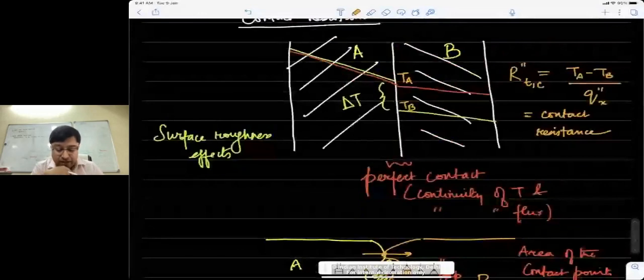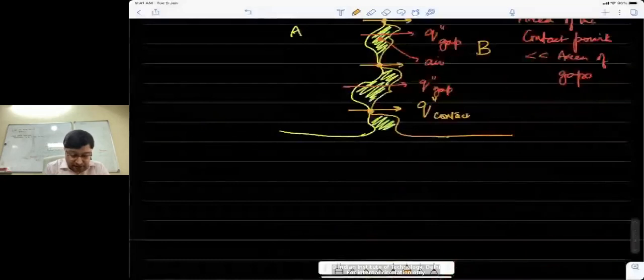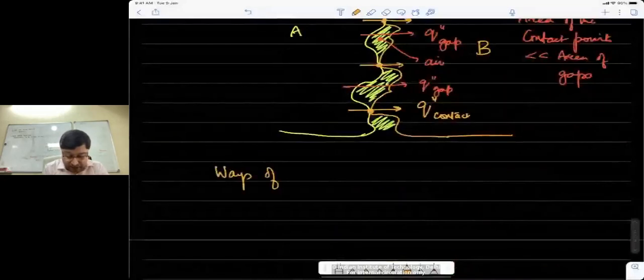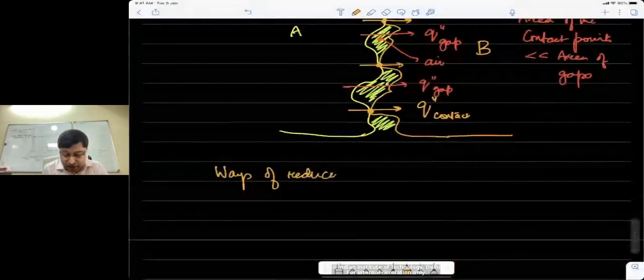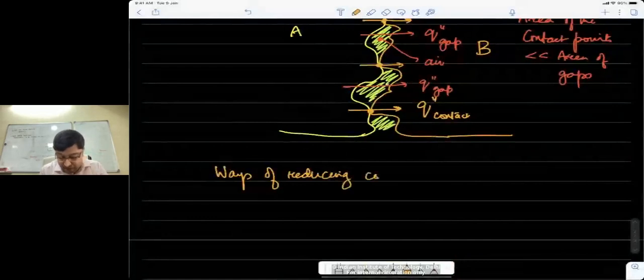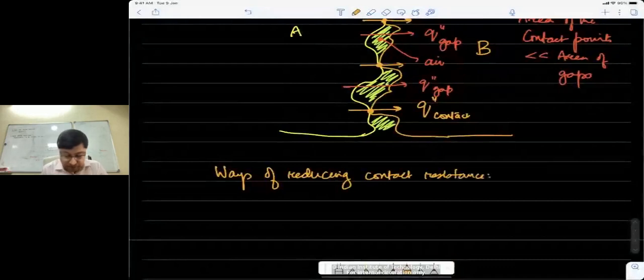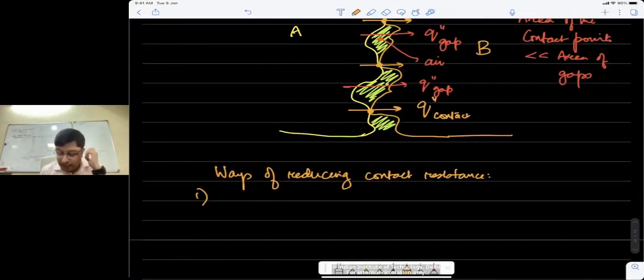There are three different ways of reducing this contact resistance. One is that, as somebody mentioned, we can have very smooth surfaces. So we can have a smooth finish of the surface. That would mean that you have more contact points and a better contact, and so much more area for heat conduction from one slab to another without going through these air gaps.